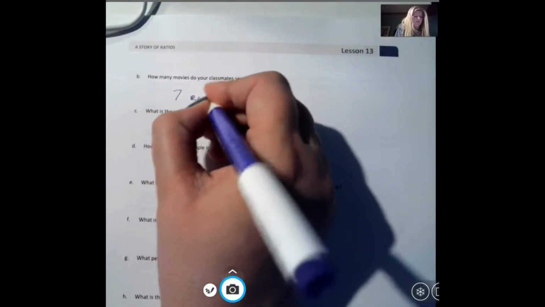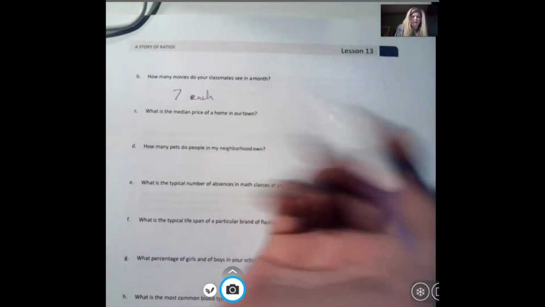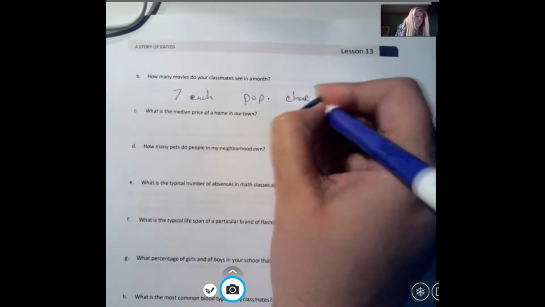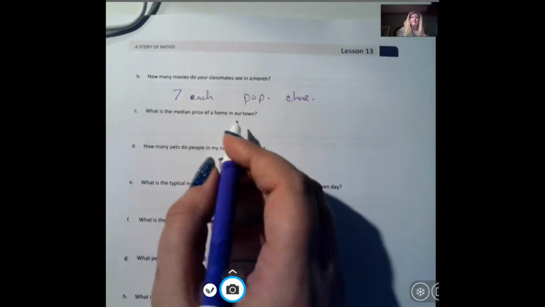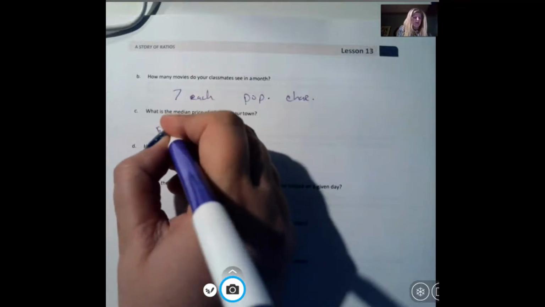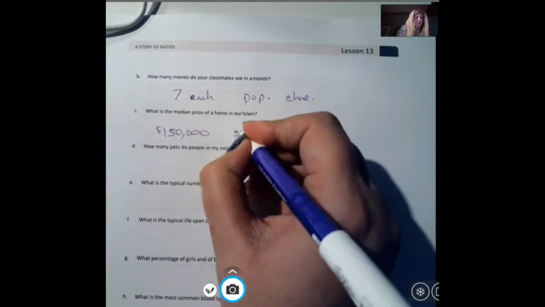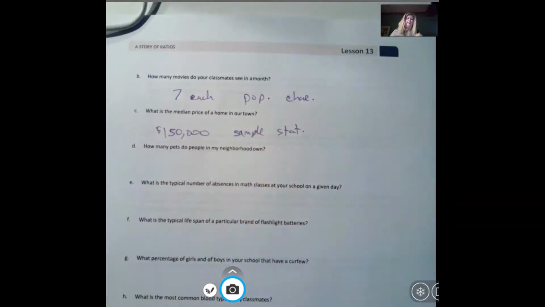My classmates may see 7 movies a month. We're making up these, and that is based on the whole population, because I said that I was going to ask everybody in the class. For the median price of the home, I'm going to say $150,000, and that is based on a sample statistic, where I went and looked at one home in each neighborhood.